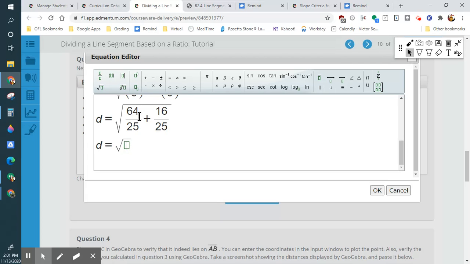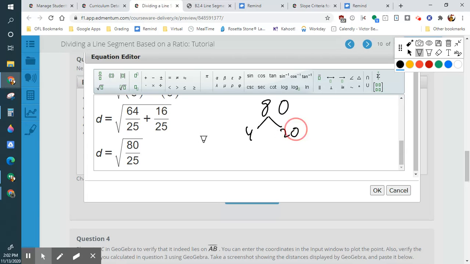If we add these two together, 64 plus 16 is 80, so we get a fraction of 80 over 25. If we take the square root of 80, what we notice is this becomes 4 times 20.